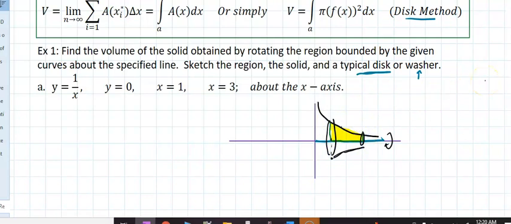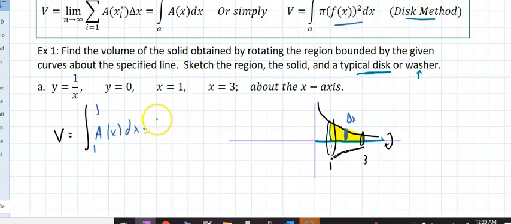So all I have to do, I'm going to say volume is the integral, from 1 to 3. I'm going to pick my rectangles perpendicular to the axis of rotation. That makes this delta x. So all I have to do is look at that one disk, from 1 to 3. If you want to use the area of x dx, you can. And if you want to jump straight and use this, you can. But it helps to see it, especially when it's a washer. If I take this one piece as it's rotating and I turn it, I notice that it is a circle.